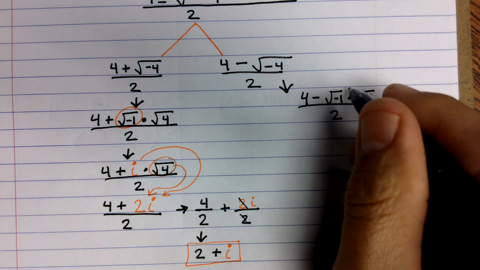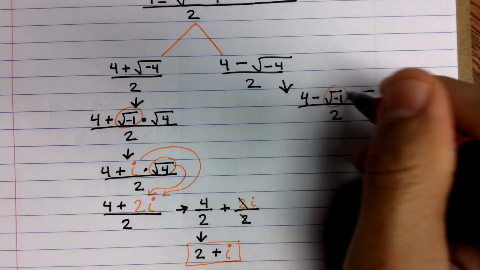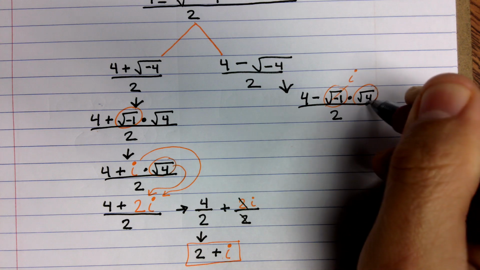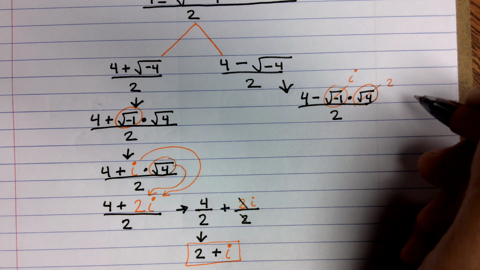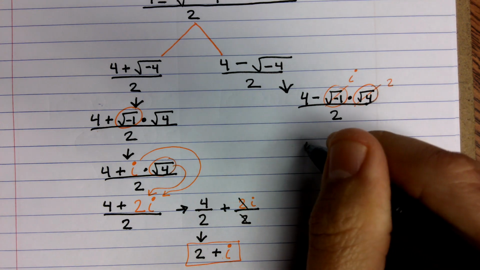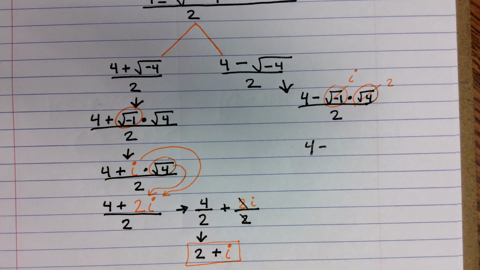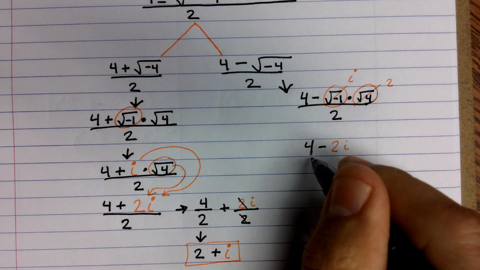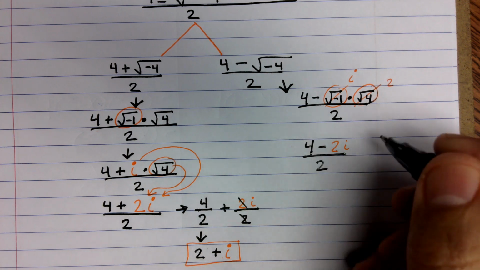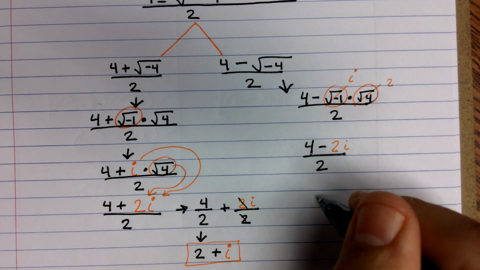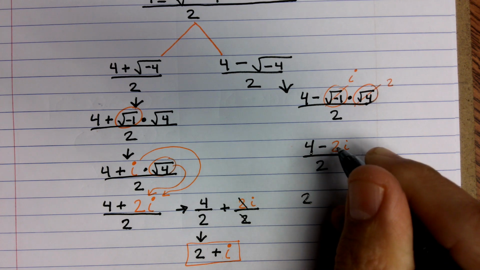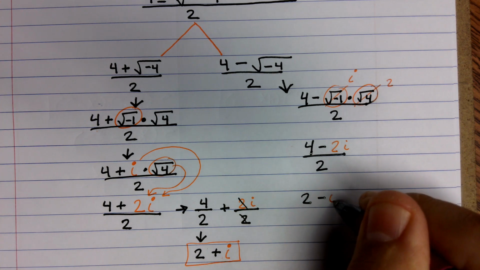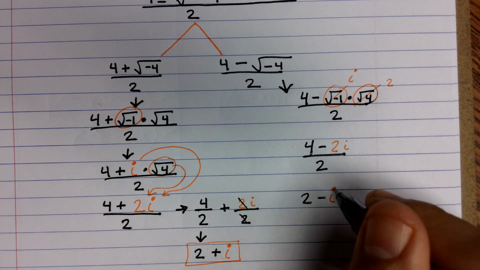If we convert the square root of negative 1 to an i, and the square root of 4 to a 2, we end up with 4 minus 2i divided by 2. Then if we divide the 2 into 4, it goes in there 2 times. Divide the 2 into 2, it goes in there 1 time. And we end up with just 2 minus i as our other solution.